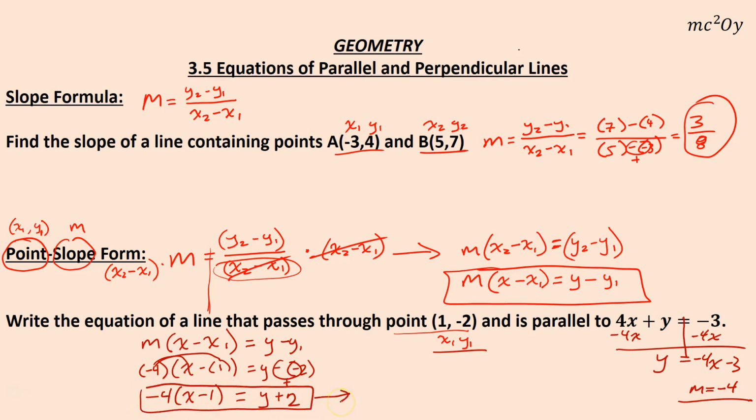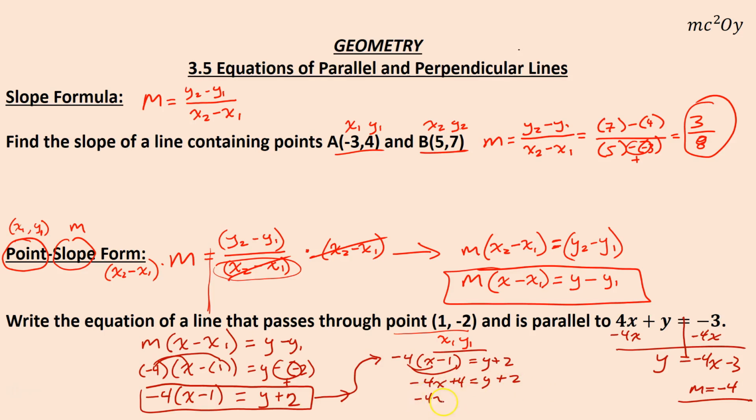Now, a lot of teachers or a lot of textbooks will want you to go to slope-intercept form, so if you did that, you'd have to distribute right here. In fact, let's do that up here. We'll say we have negative 4 times x minus 1 equals y plus 2. And so what I'd do is I'd distribute. So I get negative 4x plus 4 is equal to y plus 2. And then I get y by itself by subtracting the 2 over.